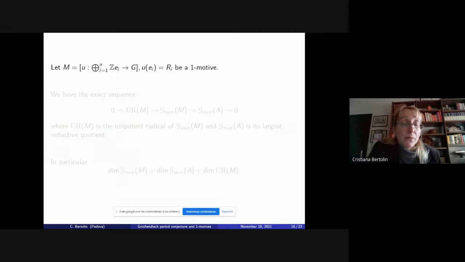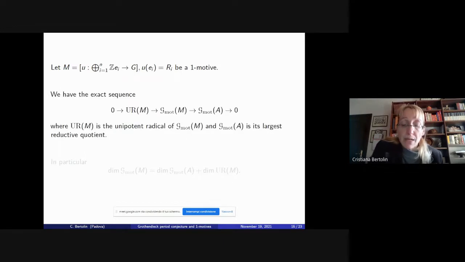So if we consider a 1-motif M, I recall G is an extension of an abelian variety by a torus, then we fix some points on this extension G, we call them R_i, and the projections of these points in the abelian variety are the P_i. So we have that the motivic Galois group is an extension of the motivic Galois group of A by the unipotent radical of the motivic Galois group of M. And it's because the Mumford-Tate group of A is the largest reductive subgroup.